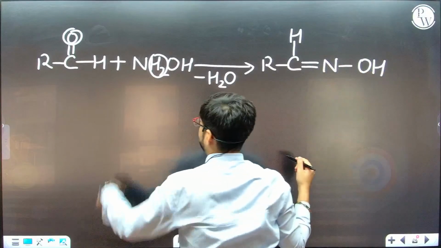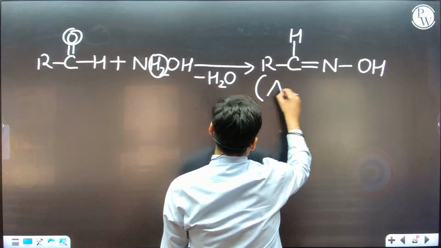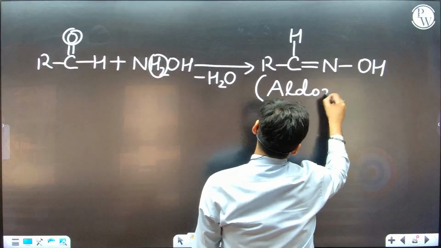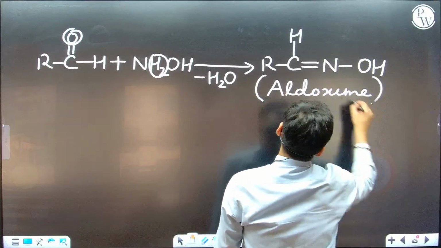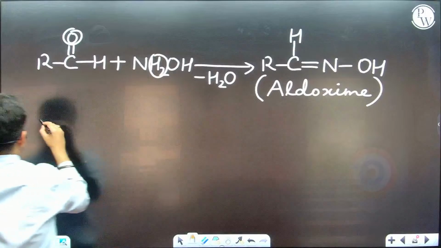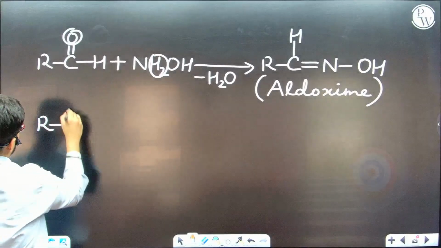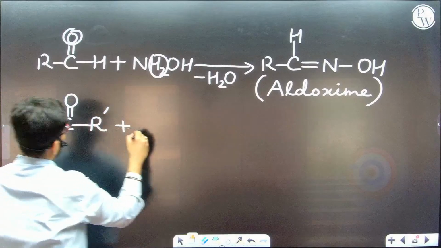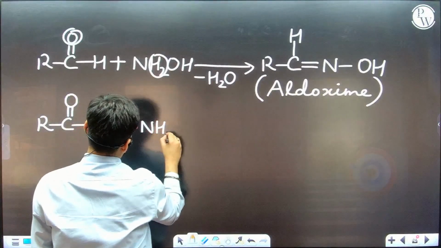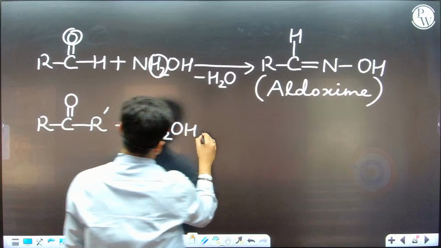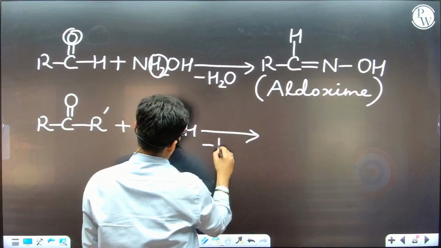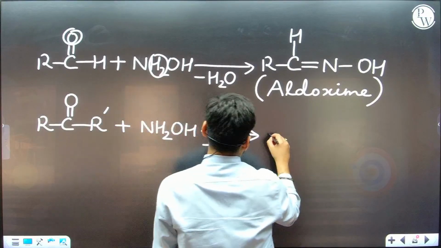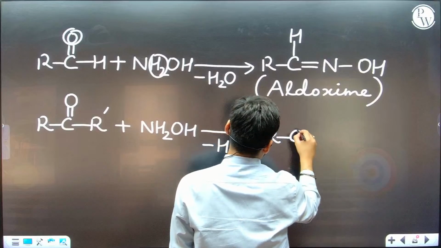Since this oxime has come from an aldehyde, this is called an aldoxime. Likewise, if I take a ketone, then I'll get an oxime and that is called ketoxime.